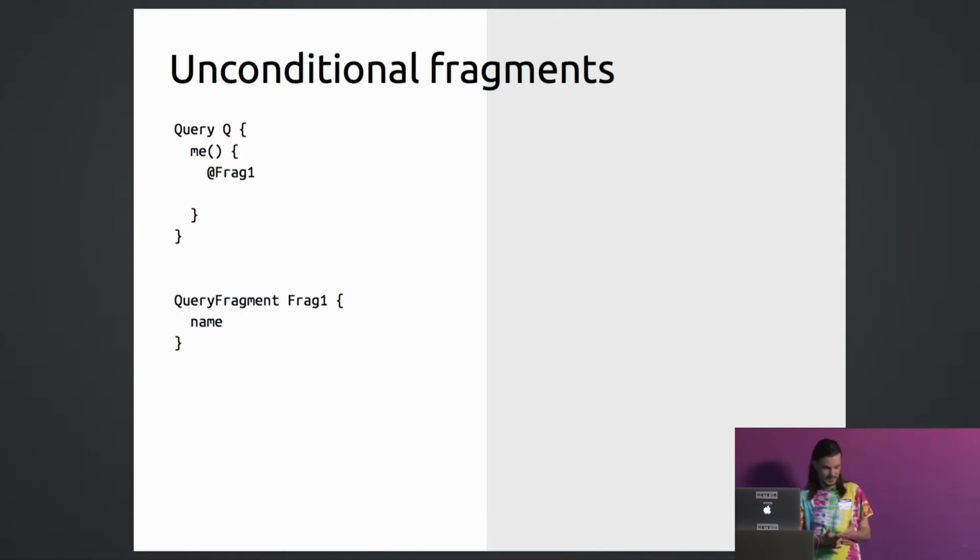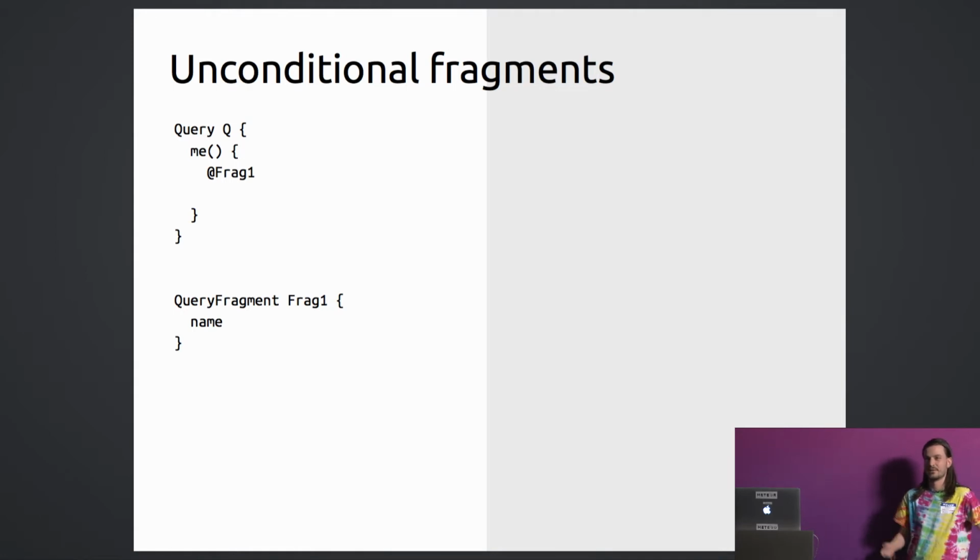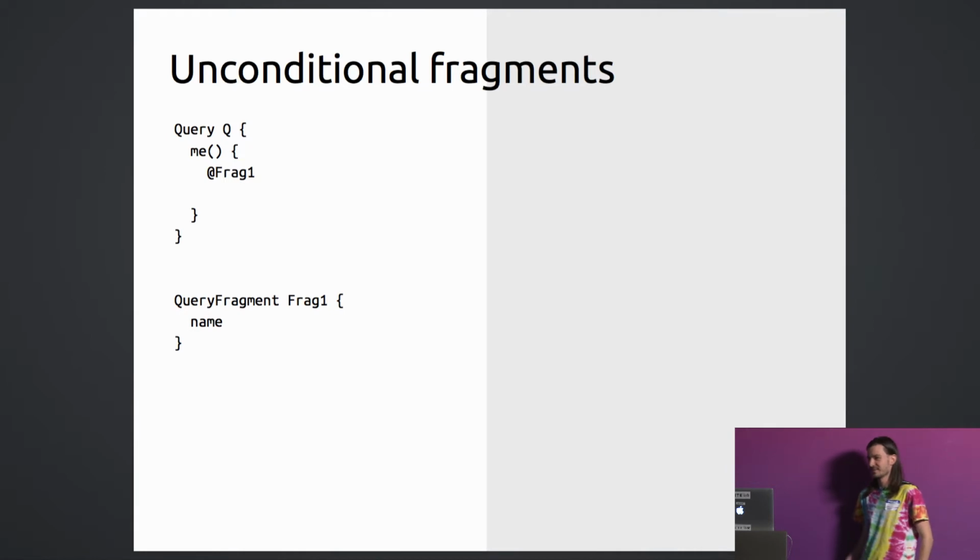All right. You're all familiar with fragments. They're a very good way to conditionally include parts of the query in the response, depending on the runtime types of some objects. What you probably don't know is that fragments, well, originally they weren't part of GraphQL at all in the very first version, but then when we added them, at first they didn't actually have a type.